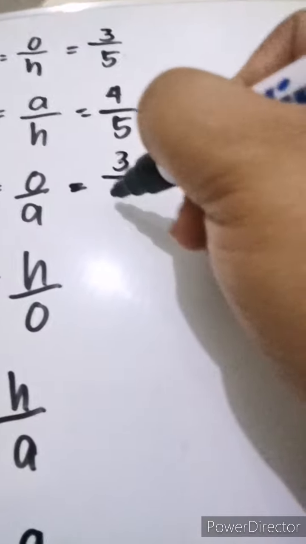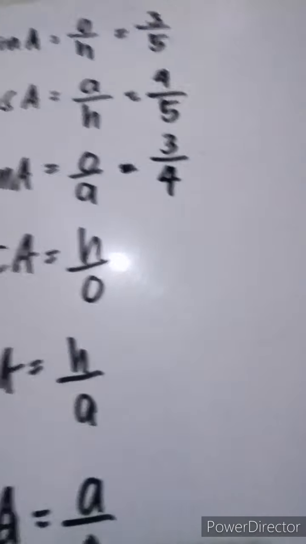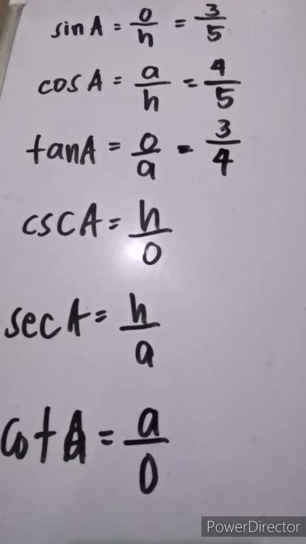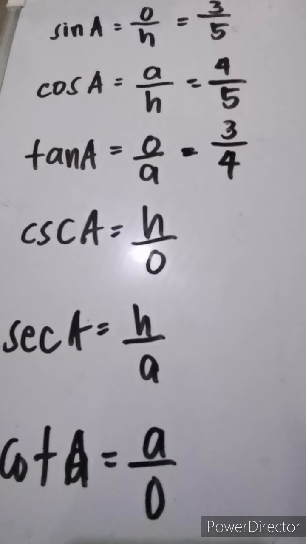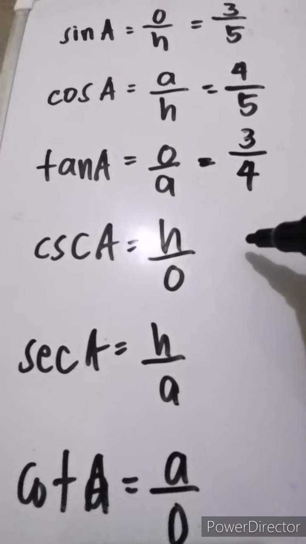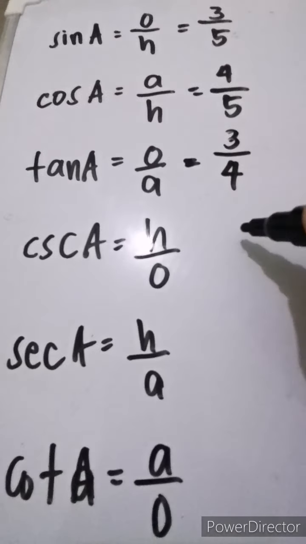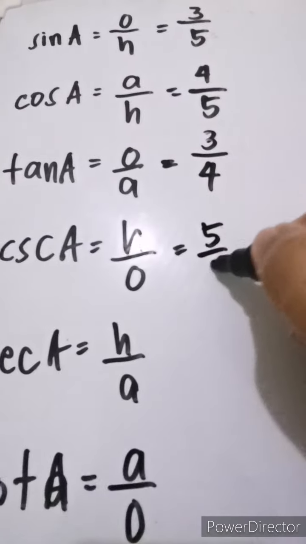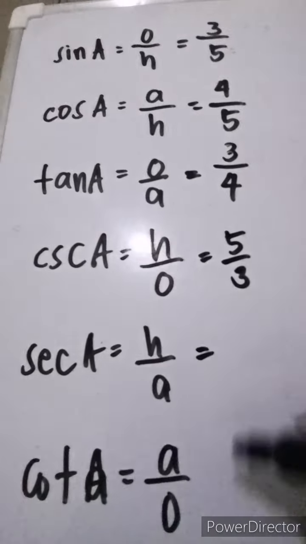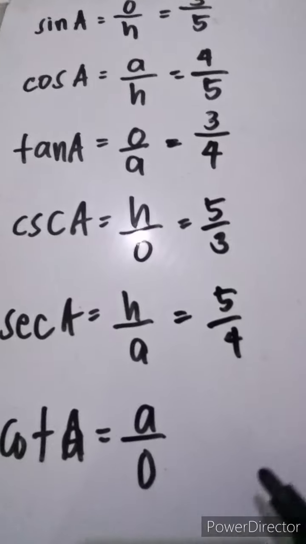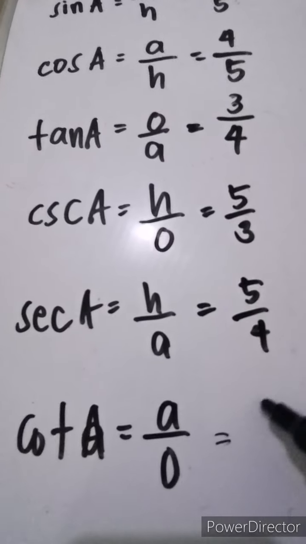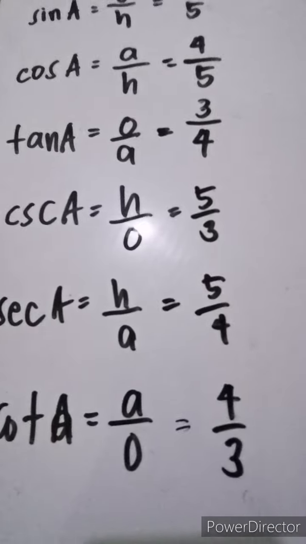And our adjacent is 4. And then, yung tatlong natitira na lamang, babaliktarin nyo na lamang yung given dun sa una nating sagot. So, we have for the cosecant is 5 over 3. We have for secant is 5 over 4. And for cotangent, we have 4 over 3.